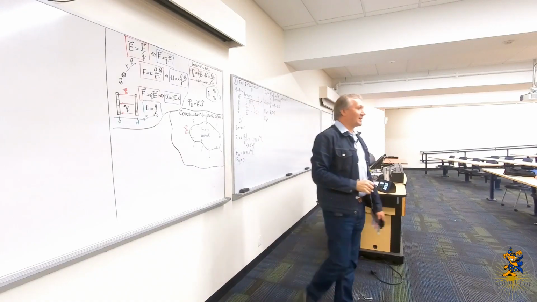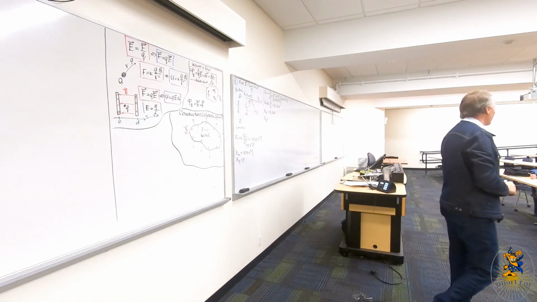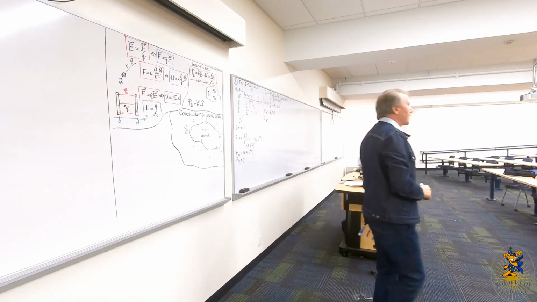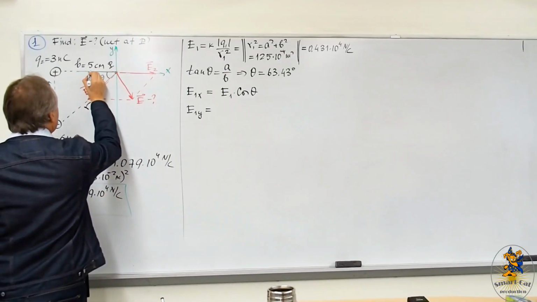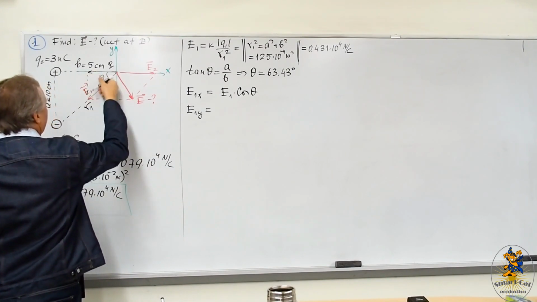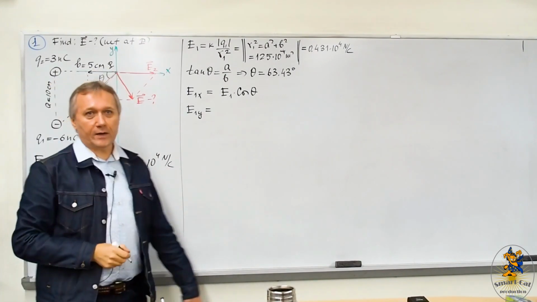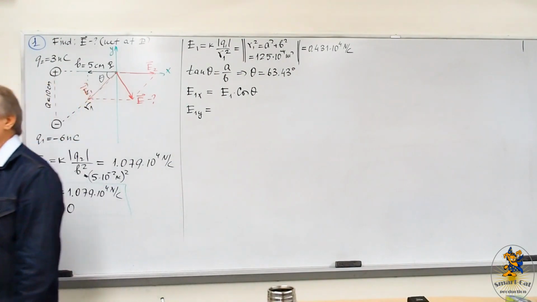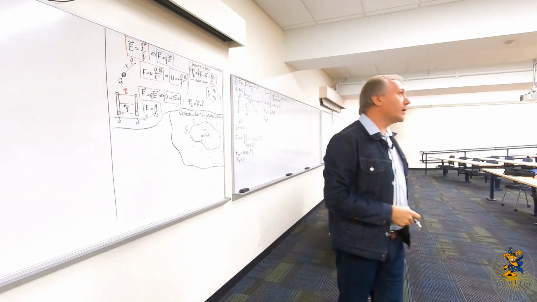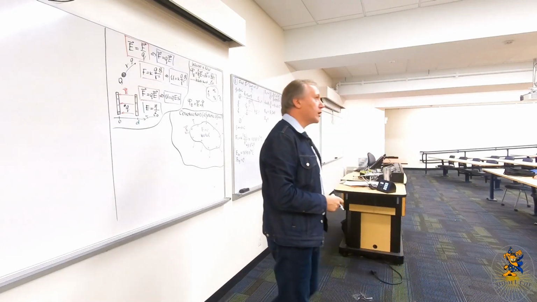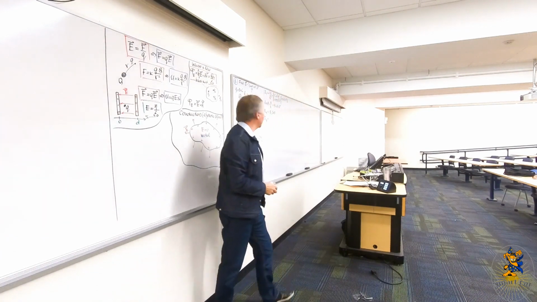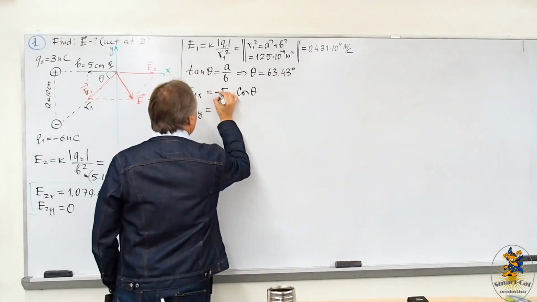Positive or negative? Negative, exactly. Because you see, this component of this electric field points in the negative x direction. So, since we use a convenient angle but not conventional, we have to take care of the pluses and minuses manually. So, minus.